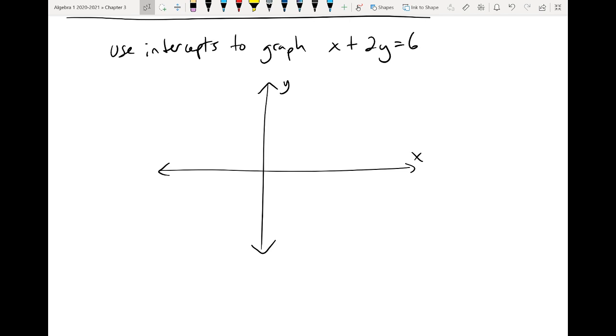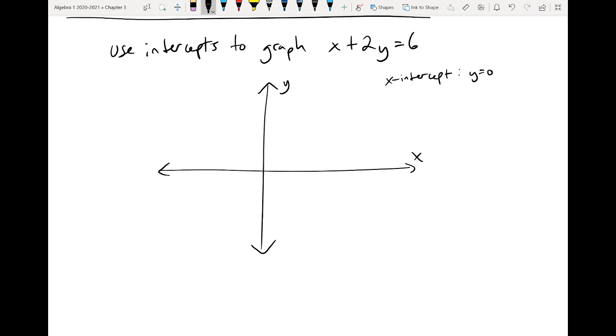On your paper, you can take your thumb and effectively cover up each of these things. The x-intercept is where y is equal to 0. If I make y equal to 0, 0 times anything is going to cancel it out. It's not going to exist. So you would take your thumb, cover up 2y, and you're just left with x equaling 6.